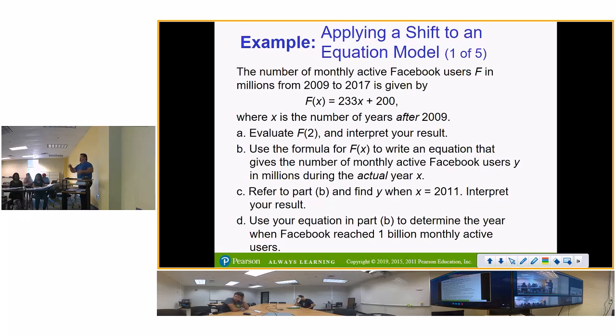Stretched along the y-axis, so it's going to be skinny. In this case, a line can't be skinnier. It's shallow, or it's going to be steep. So the higher the number in front of the x, the more steep your line is going to be. Capiche? Where x is the number of years after 2009.